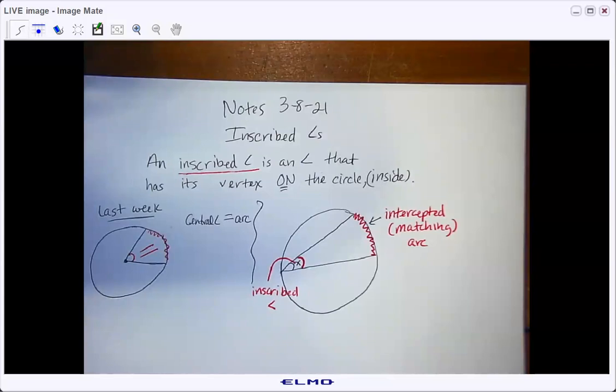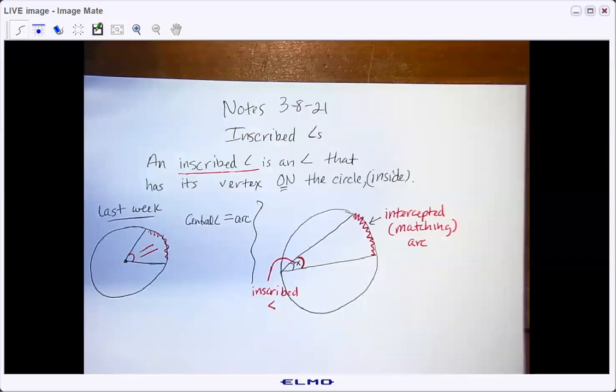I haven't taught on this yet, so it's pretty much whatever you think. But remember, they're not equal because the only one that's equal is if the vertex is at the center. So one of them is actually bigger and one is smaller. Which one do you think would be bigger?